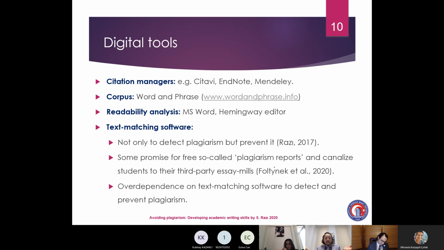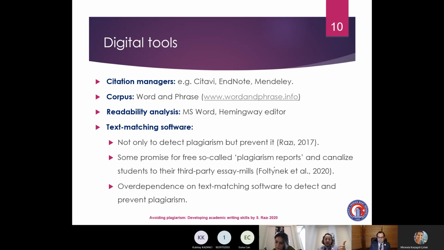Also, when we talk about paraphrasing skills, this will require finding some synonyms, so we can encourage students to benefit from corpuses. For example, I find the word and phrase .info web page very useful for finding synonyms, because students will be able to see the relevant expressions in real sentences borrowed from corpuses.